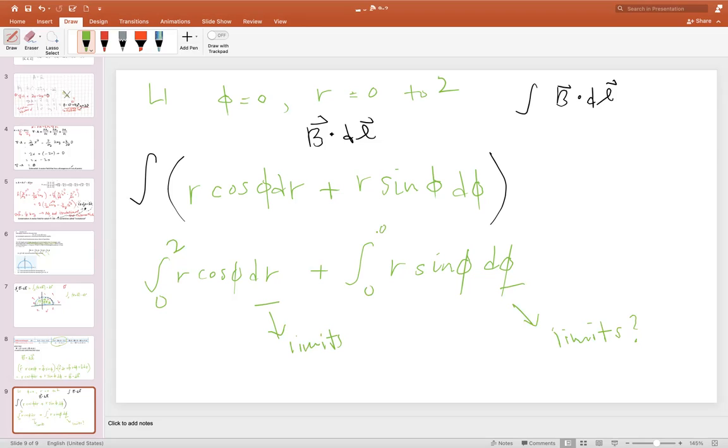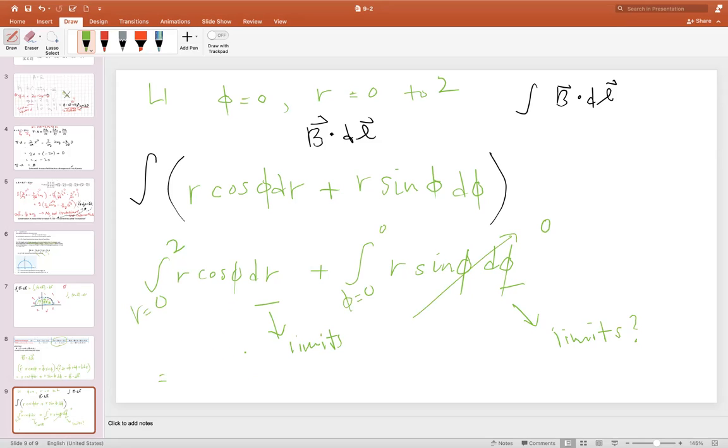So that part is not going to be changing at all, right? We're integrating by d phi, but the angle is not changing at all. So this part ends up going to 0 because of the limits. This is the only one that's going to give us some result.